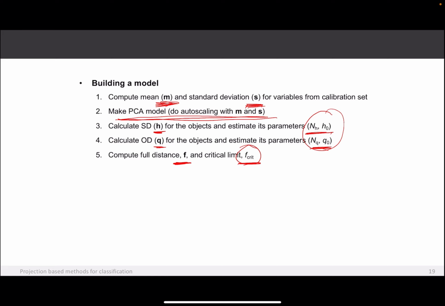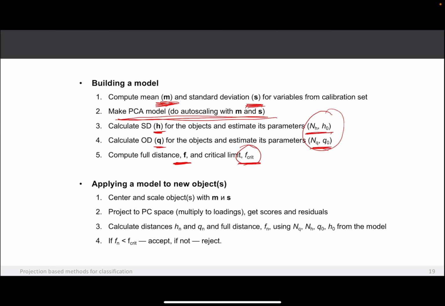Now, when you have a new set of observations, for example just one object or several observations, first of all, you need to scale and center them, but it's important that you use, similar to PCA, the M and S you computed for the whole model, for the training set. After that, you do the projection, so it means that you compute the matrix with scores and the matrix with residuals for your observations.